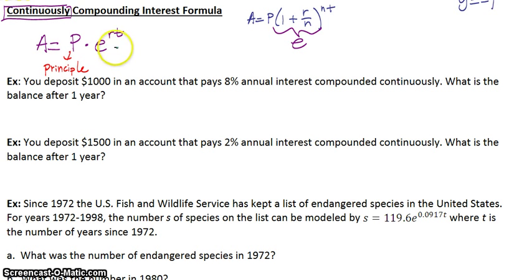And P, or starting amount, I think in 8.2 I called it the starting amount. R is still the rate as a decimal. And for this formula specifically, T is always in years.